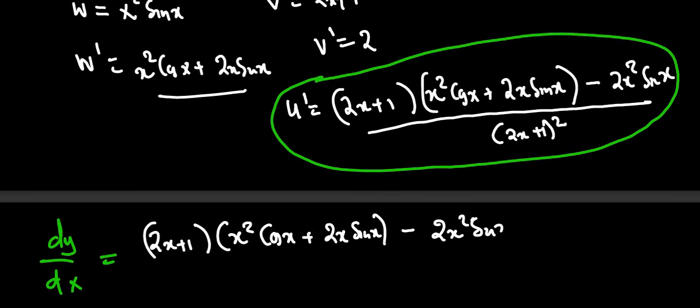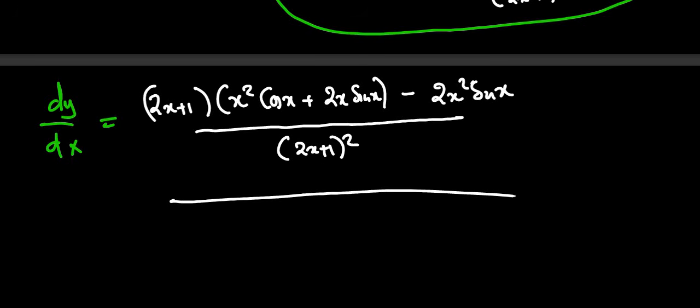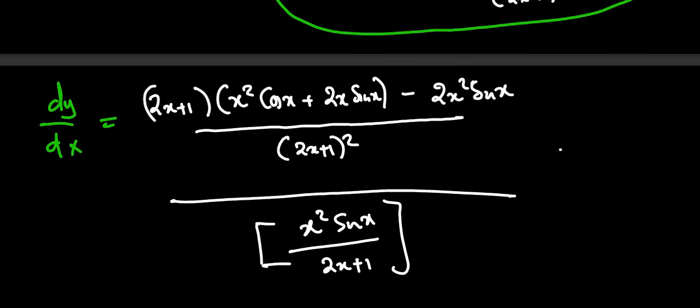Then this is sine x, everything over 2x plus 1 squared. So this divided by the original question, which is just the same as x squared, then sine x over 2x plus 1. So this is the answer that you're supposed to get. Of course, you can simplify it, but this is literally what you're going to get.